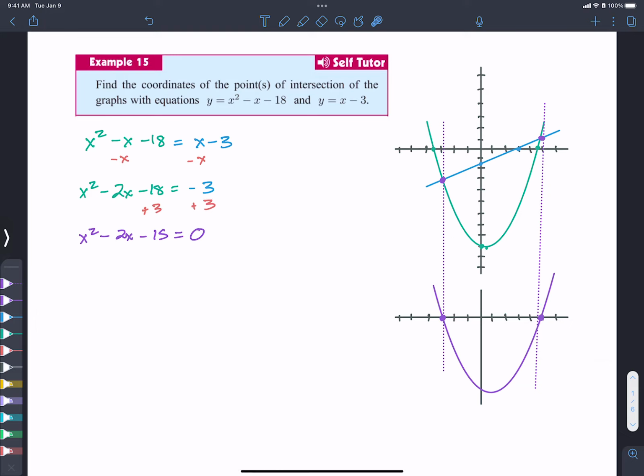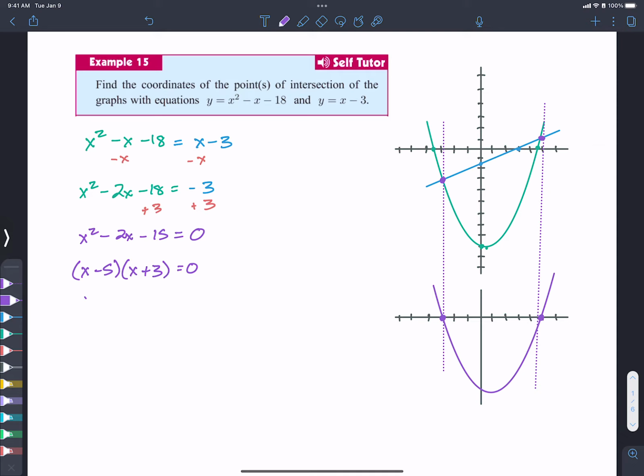So now what am I going to do? I'm going to try and factor this. This one is easily factorable. So I'm going to do x minus 5, x plus 3 equals 0, because we've got minus 5 plus positive 3 that gives us minus 2, and minus 5 times 3 gives us minus 15.